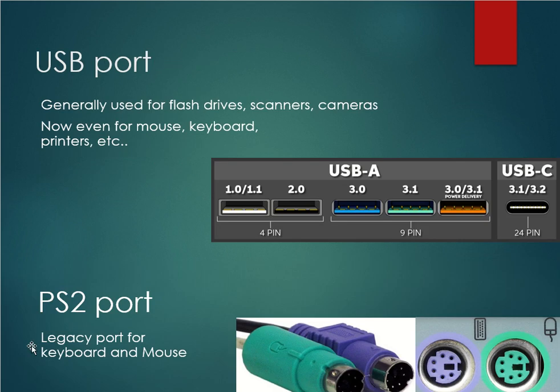And now we have a universal set of ports called USB, universal serial bus, to connect everything: pen drive, mouse, keyboard, and sound input output. Everything can be connected using a USB port, and PS2 has dedicated ports for mouse and keyboard.